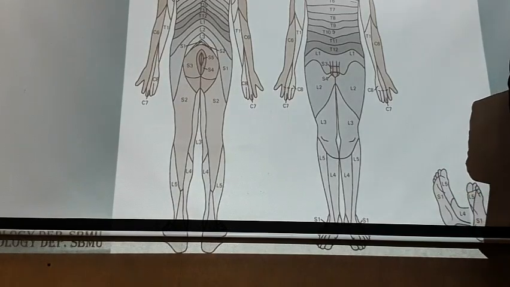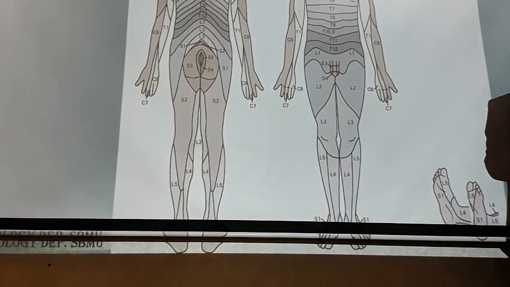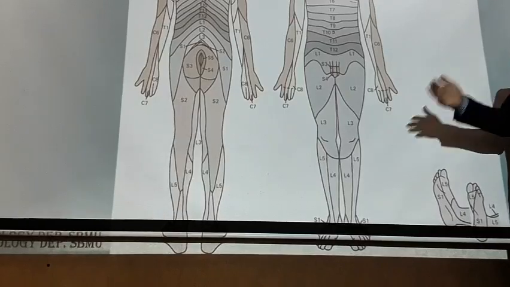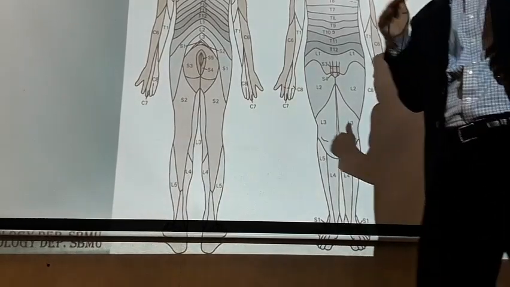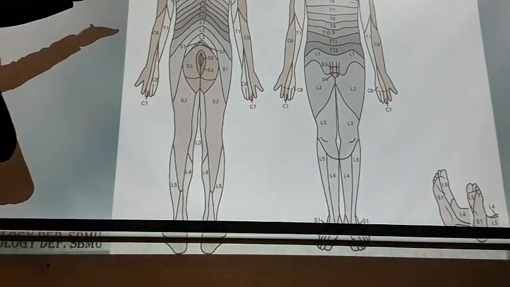In the spinal cord, the way that they enter is not the same. And as you see, according to this map, each part of the body has a clear map in which part they should enter the spinal cord. For example, you see we have different layers.